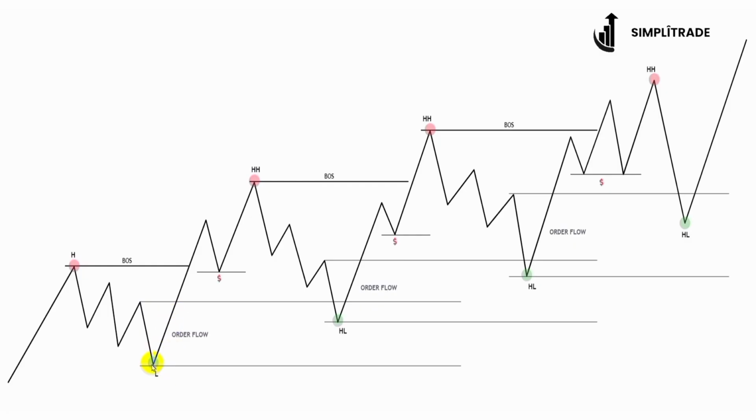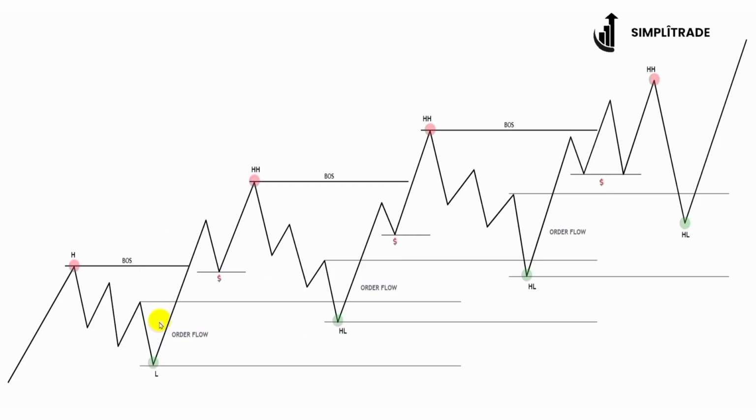But then you can see that the institutions pushed more orders to the upside and then took out the swing high points. So what will happen is that the institution will return to mitigate the order flow, because it is from the order flow that they initiated the manipulative sell move, where they now make price push further to the upside as a bullish market condition.